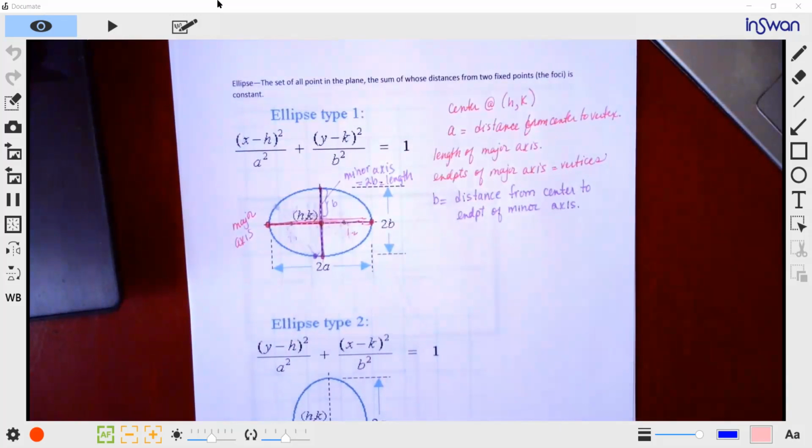Okay, now, what if a and b were the same size? What would we have? A perfect circle.